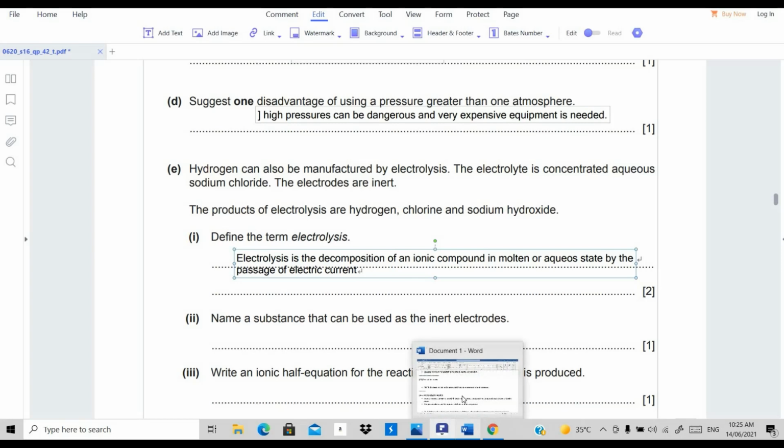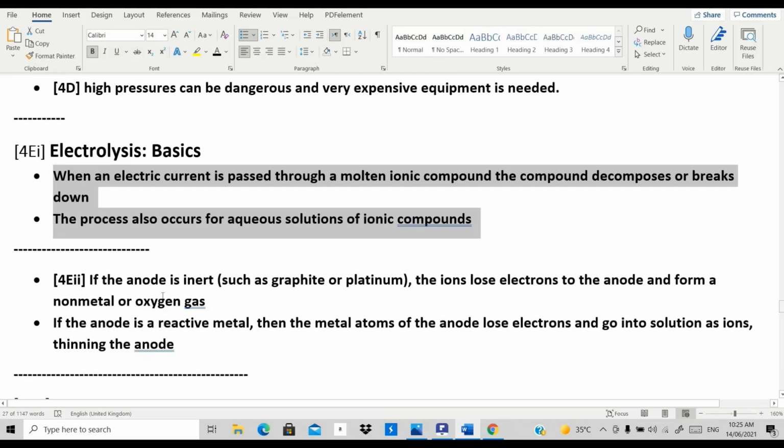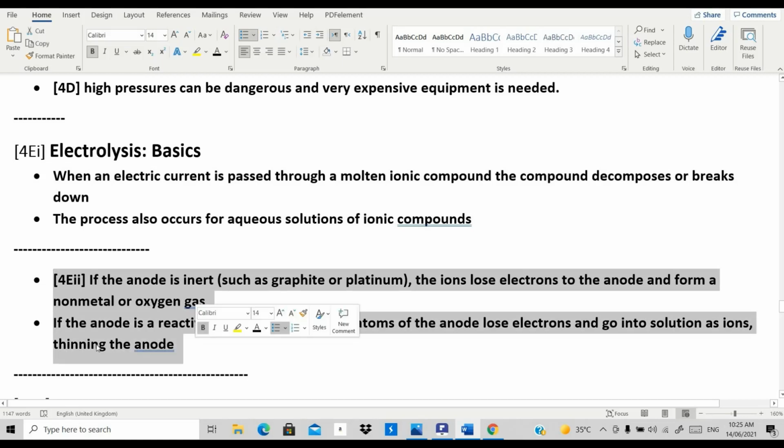So inert electrodes: in electrolysis we use unreactive electrodes because we don't want them to react with the ions present in the electrolyte. You need to be familiar with this statement. The second statement refers to electroplating.